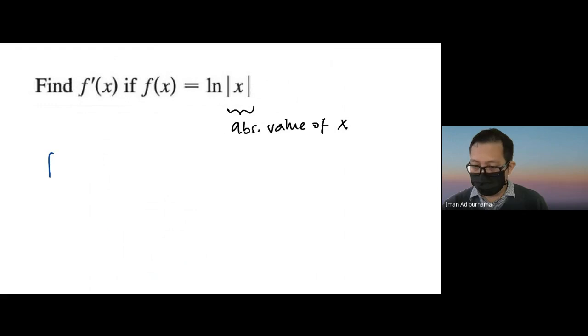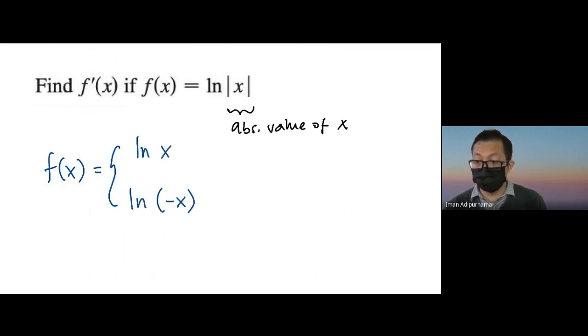So we can have this piecewise definition for ln absolute value x. The first one is ln x. The second one is ln negative x. And this is important to keep in mind because later, in chapter 4 or 5 about integrations, this definition will be important. So this will be if x is greater than 0. This is if x is less than 0.